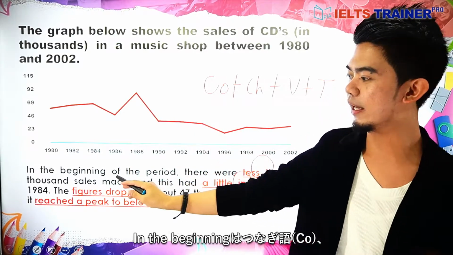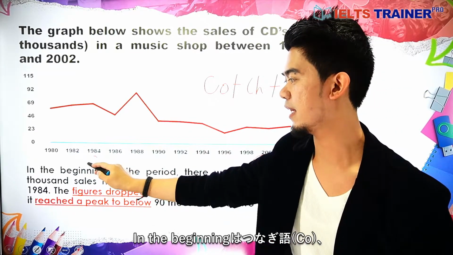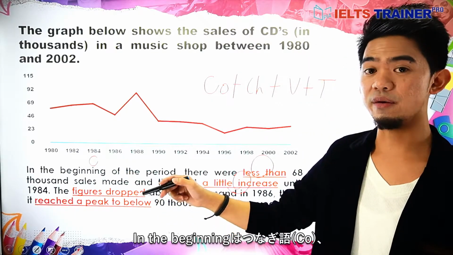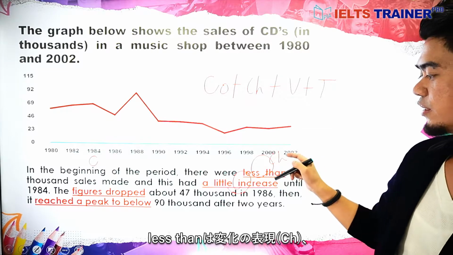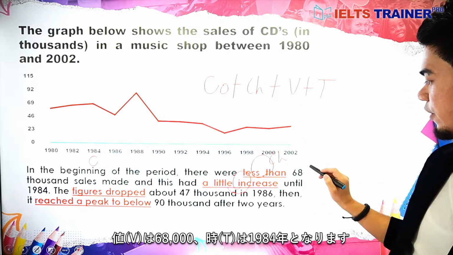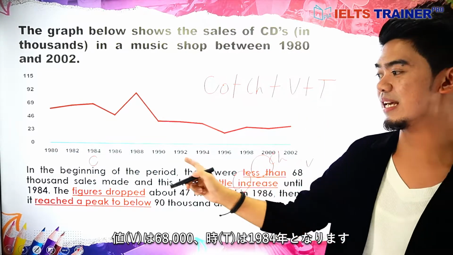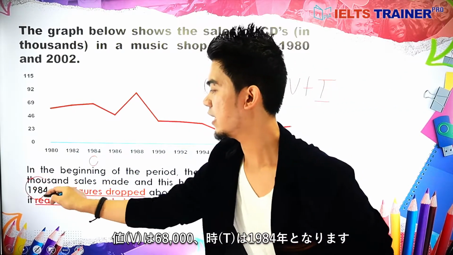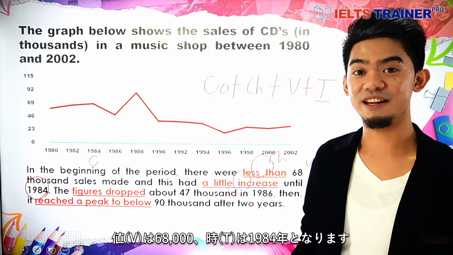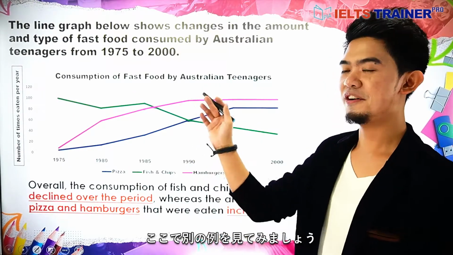If we look at our first line here, in the beginning is our connector or cohesive device. We also have our language of change, less than, the value itself, that's 68,000, and the time, which is 1984.